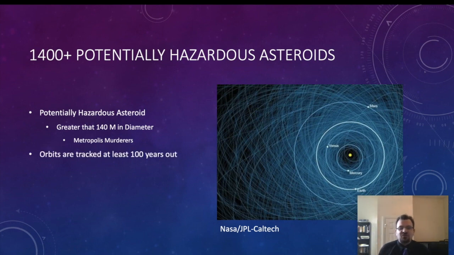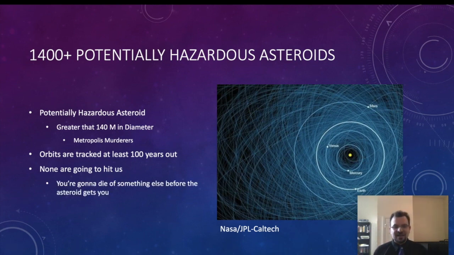And the orbits for all of these have been tracked 100 years out. And the good news is that none of them are going to hit us. This means that you're going to die of something else before the asteroid gets you. Hopefully, that'll be extreme old age, because we've tracked that far out.